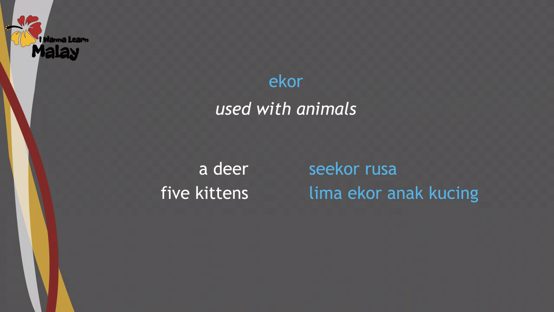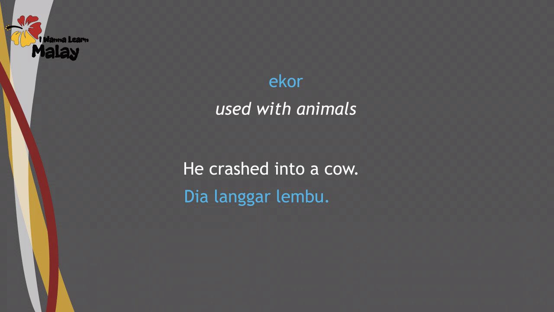Or you can imagine this in English being 5 tails of kittens. So if you want to say he crashed into a cow, you can either say dia langgar lembu or dia langgar seekor lembu. Okay?